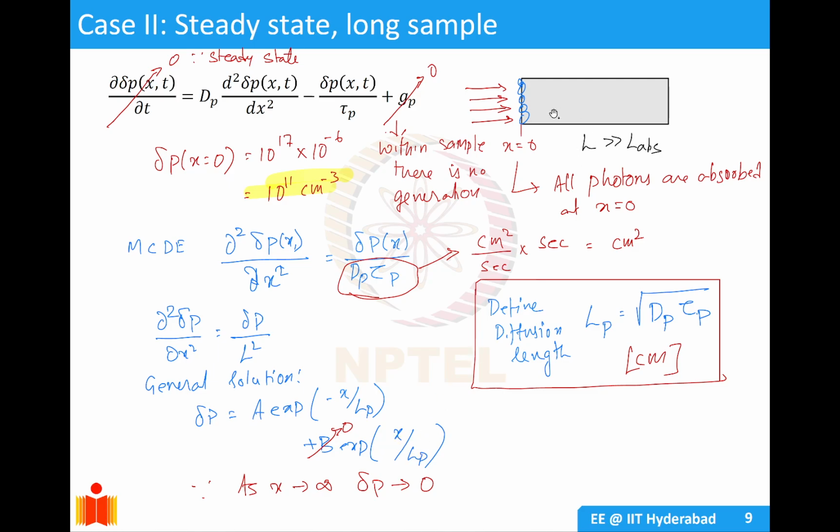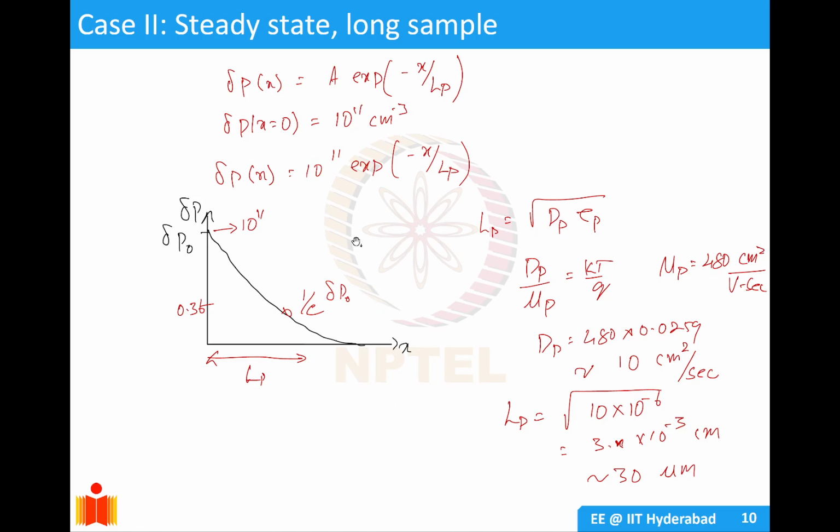But as x approaches infinity, we know that delta p will be 0, so the B term will be 0. Only the A term will be there: delta p equals A exponential minus x by Lp. From the previous question, we know that at x equals 0, delta p is 10 power 11 per centimeter cube, so you can put that here.